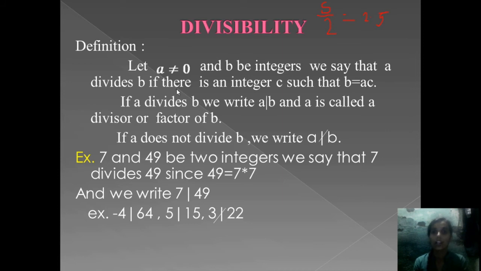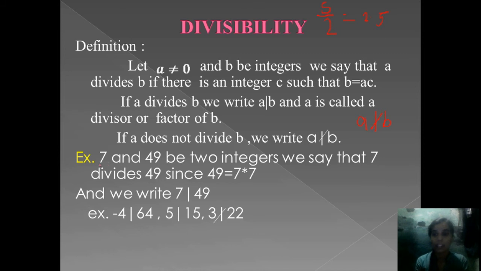Okay, in that case we write a divides b as a vertical line, a | b, and the number a which divides b is called the divisor or factor of b. If it does not divide, then we write a does not divide b, as a | b with a slash through the line.